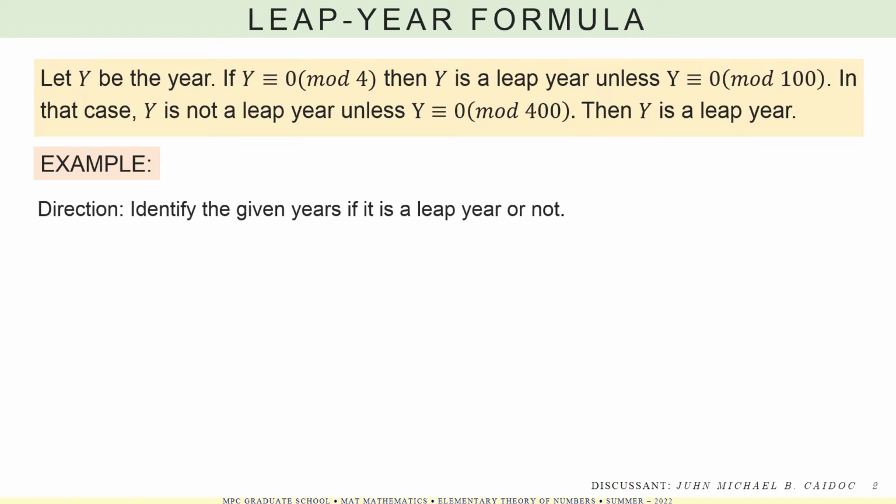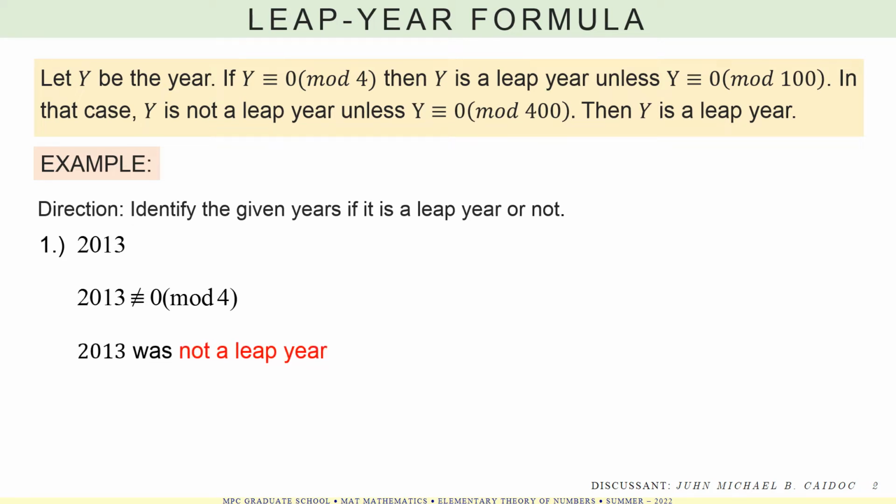Identify the given years if it is a leap year or not. A year 2013. 2013 is not congruent to 0 modulo 4 because when we divide 2013 by 4, we'll get a remainder 1. So that, 2013 was not a leap year.